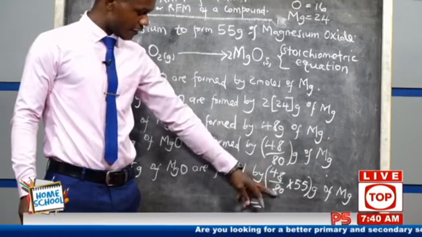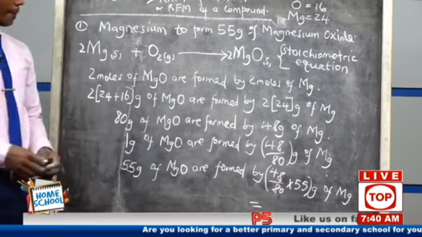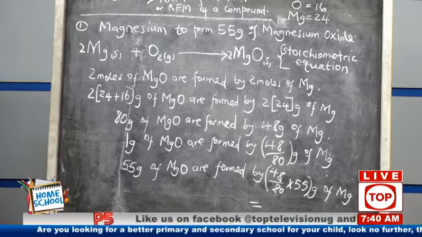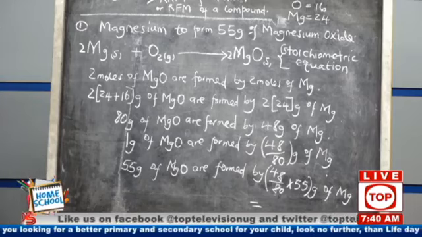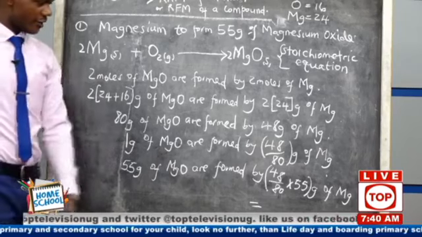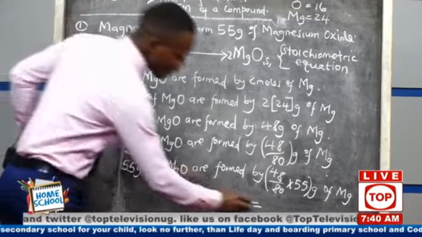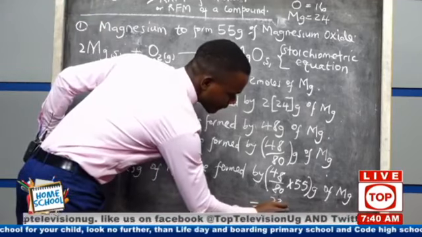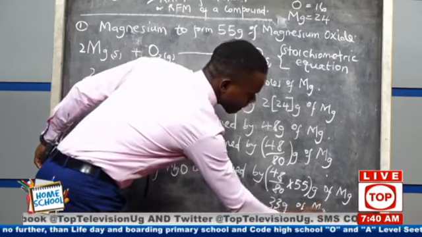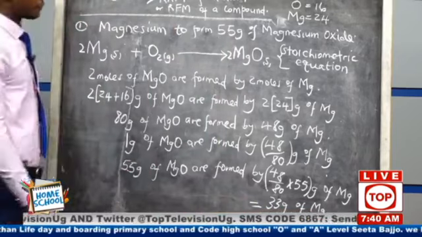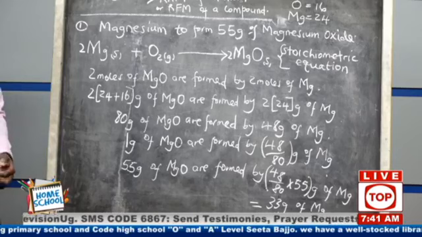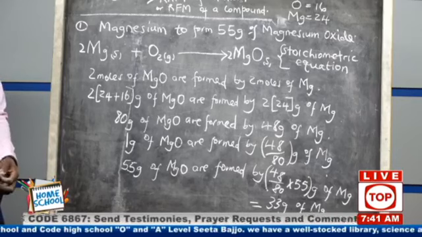I told you that during your free time, make sure that you play around with your calculators to discover where the buttons are, so that when it comes to calculating numbers, it becomes easy for you. So here you'll be able to get 33 grams of magnesium. Hopefully we are there. 33 grams of magnesium.